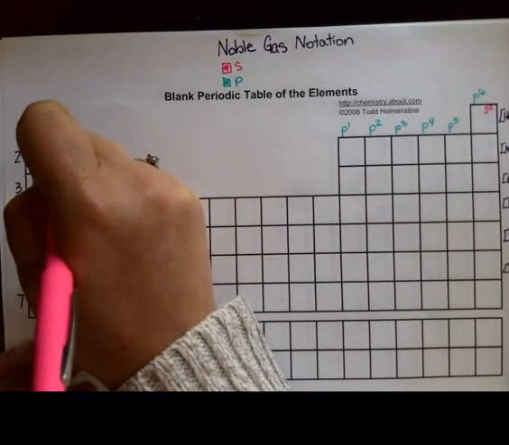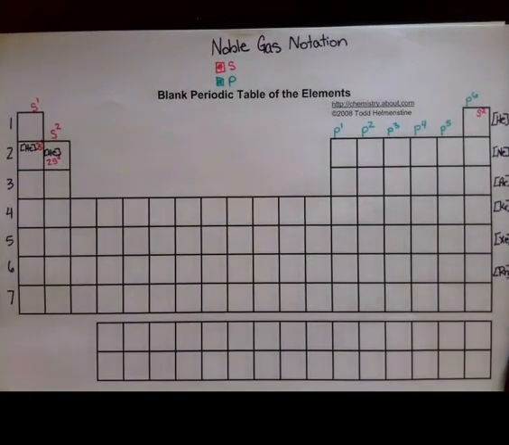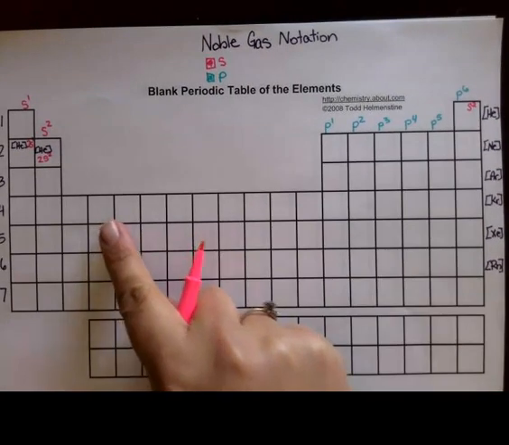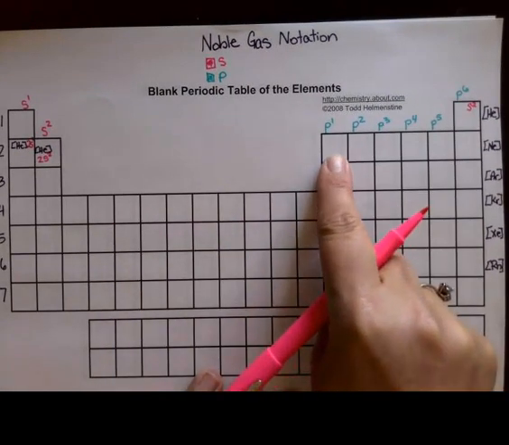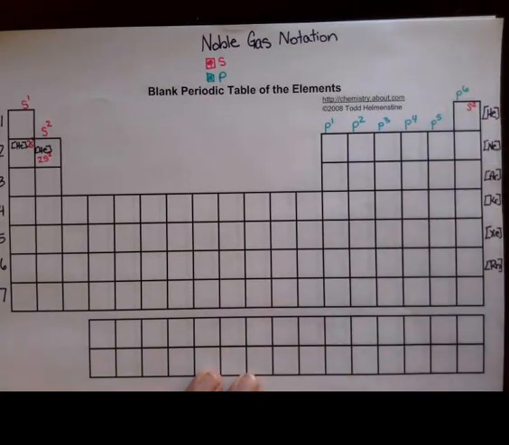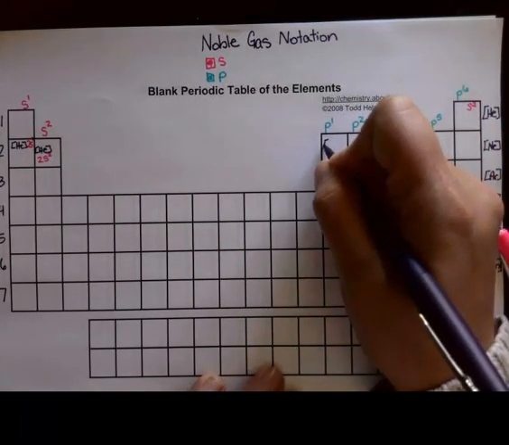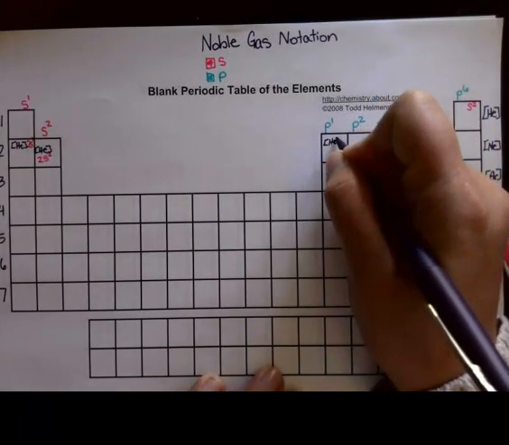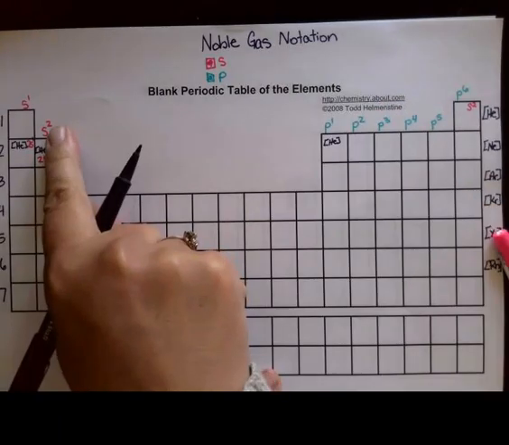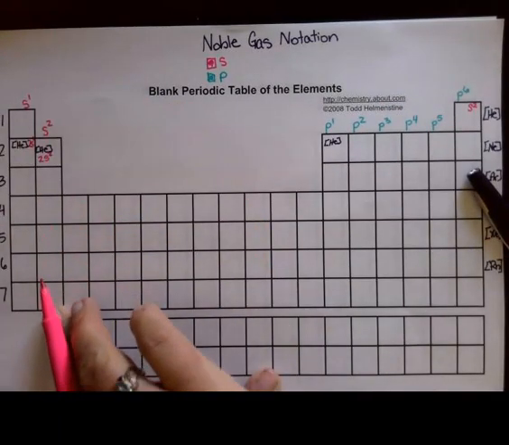And these are supposed to be on the same line, but my periodic table is very small. I apologize. Then we're going to go on to boron to show you what that would look like. So it's, again, still [He] 2S2, but you have to represent the full amount of electrons.